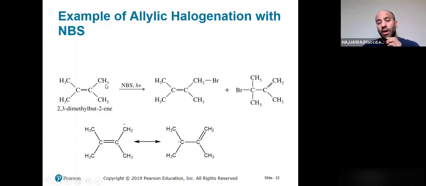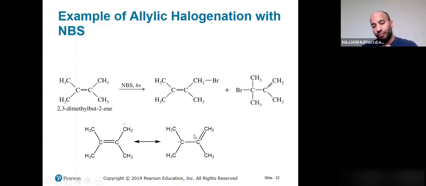Why is that? Because the radical that's going to be generated on the allylic carbon, which is right here, will be stabilized by a second resonance. That radical will be on the other carbon. So this double bond will be delocalized to be between these two carbons, and the radical is going to be picked up by the tertiary carbon. So now you have a primary allylic and a tertiary allylic.